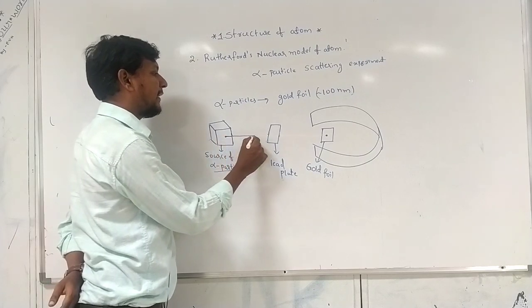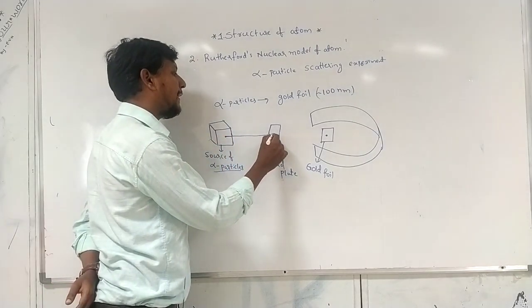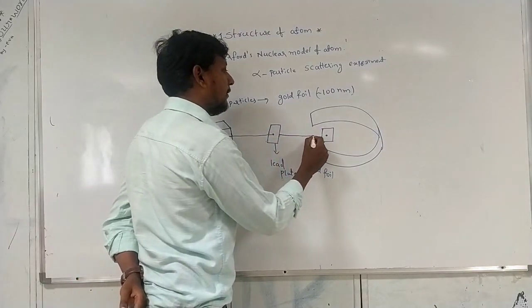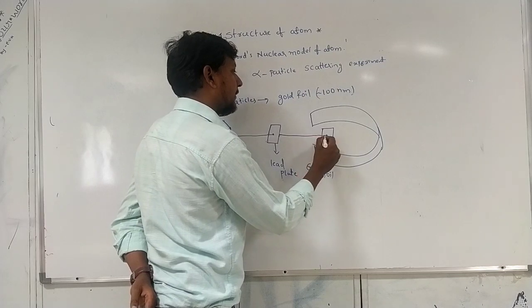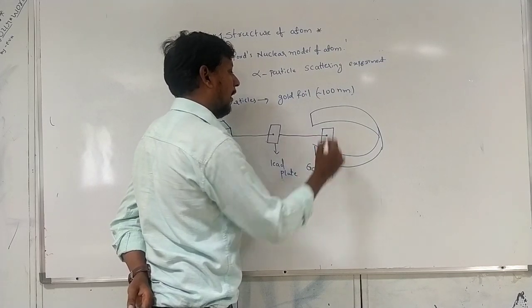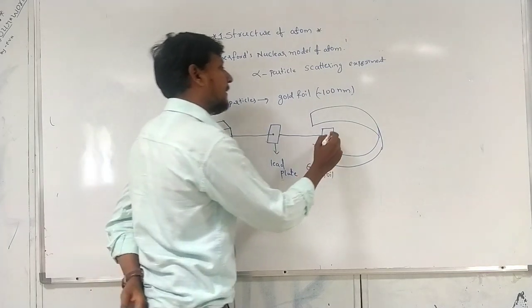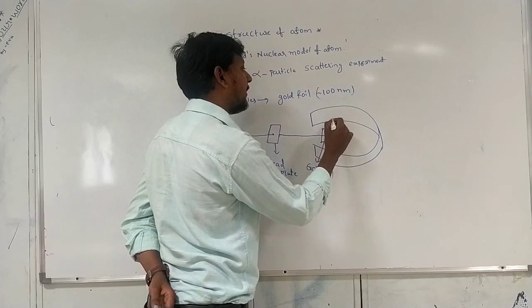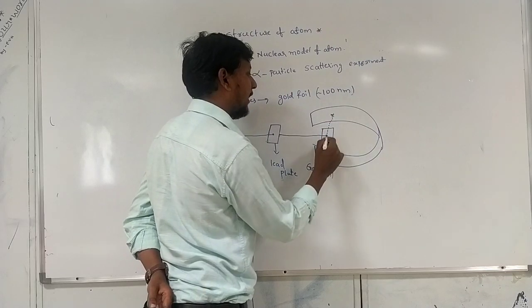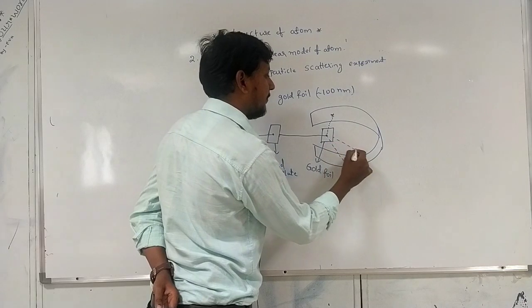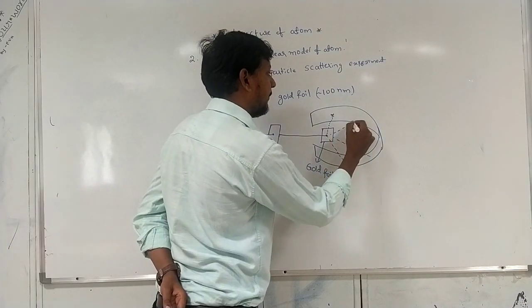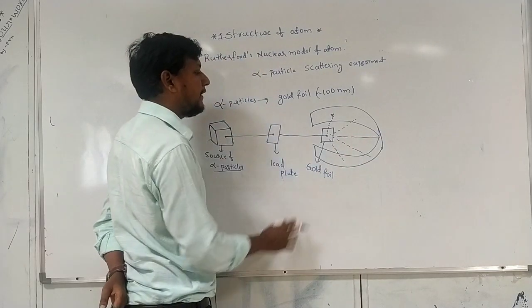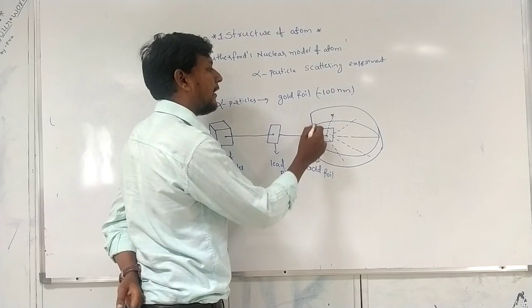Here alpha particles penetrate through the lead plate and they move in this manner and fall on the gold foil. The scattering of the alpha particles is observed. The deflection of the alpha particles is observed.